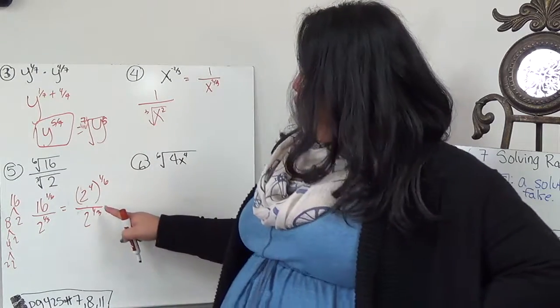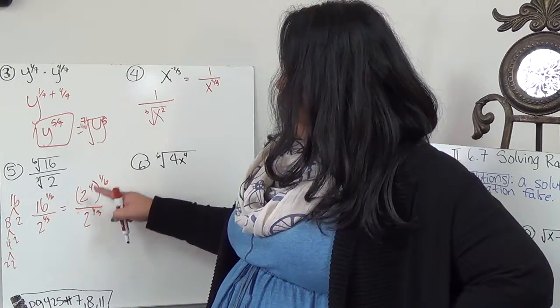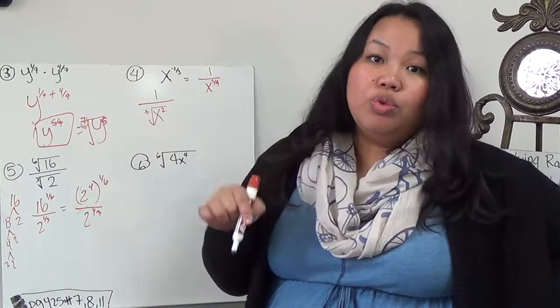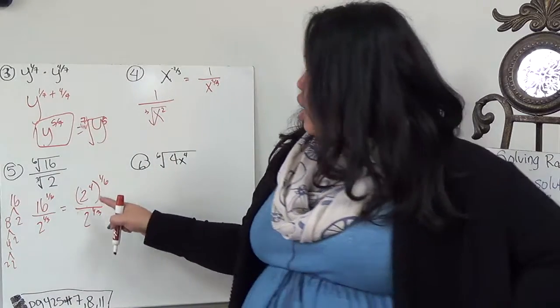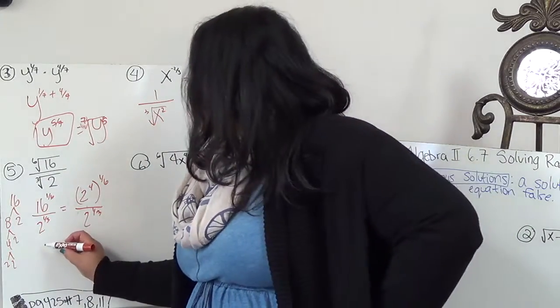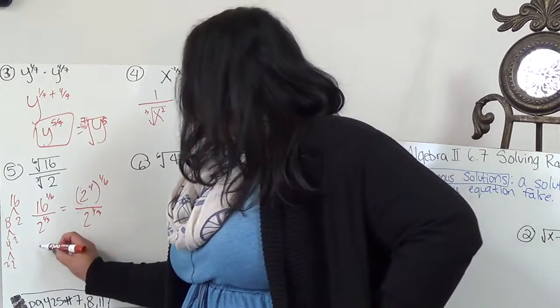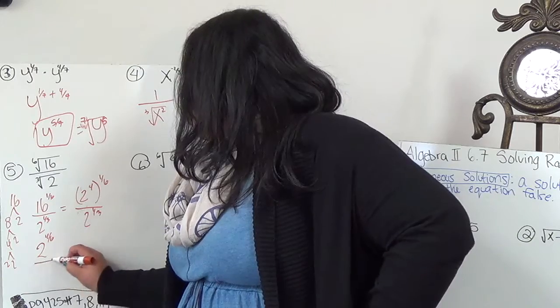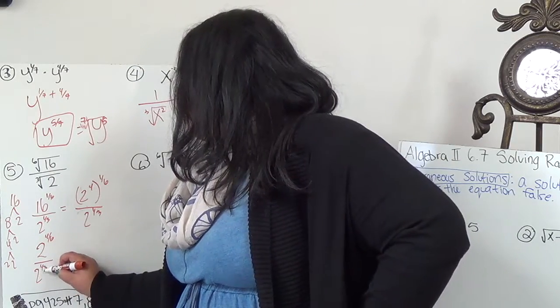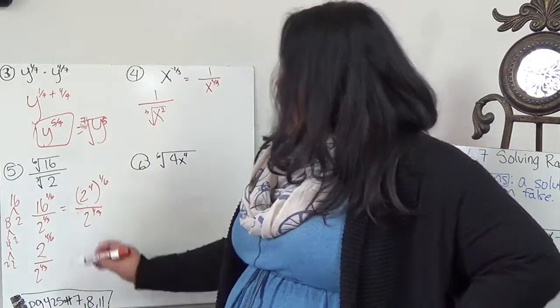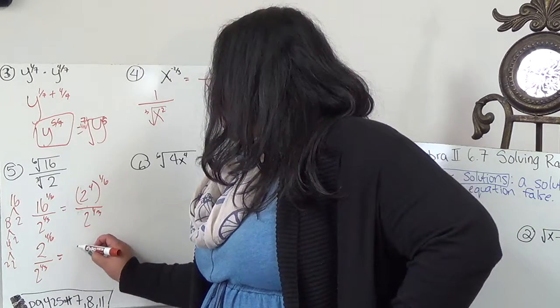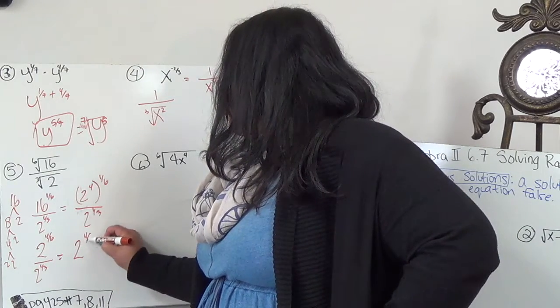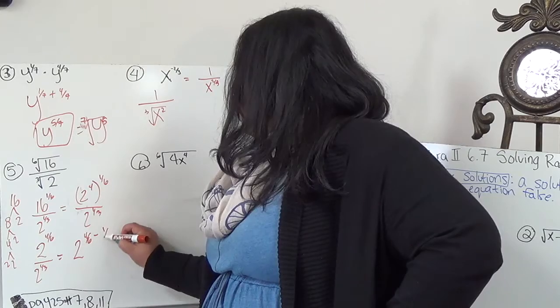Right? And now what I can do is when I have a power to power, the rule, if you remember the rules of exponents, I just multiply them. So 4 times 1/6 gives me 2 to the 4/6 over 2 to the 1/3. Right? And now, because they're the same base, I can do 2 to the 4/6 minus 1/3.